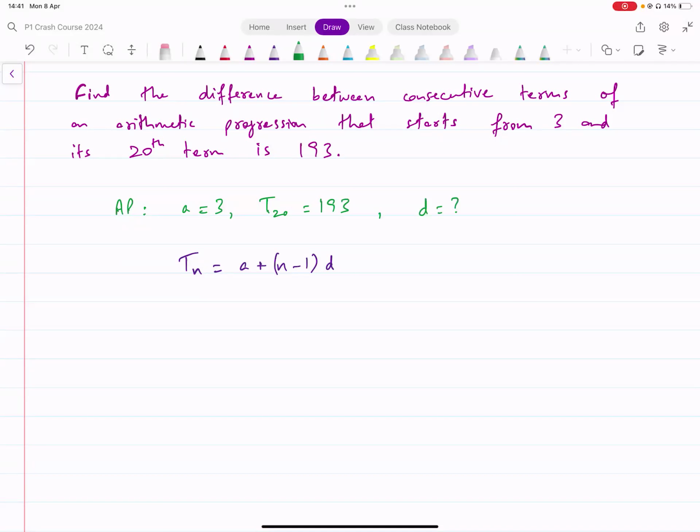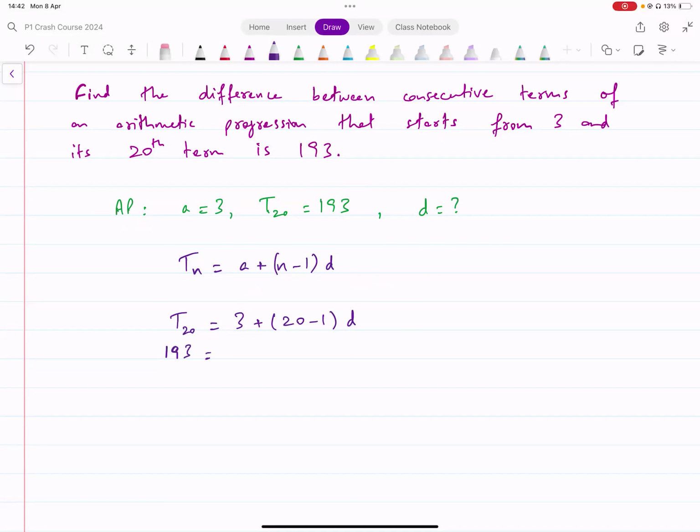We can just input this information in this formula. If you want T20, what would that look like? a, that's 3, plus (n, that's 20, minus 1) times the difference. This is what the 20th term is supposed to be. They have told us that the 20th term is equal to 193. So we equate this to 193.